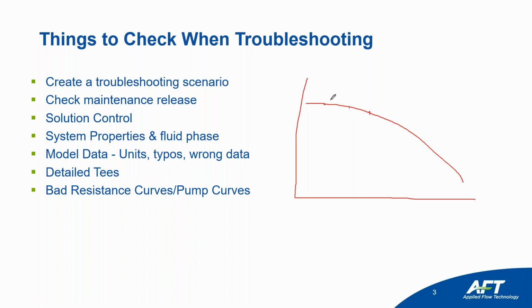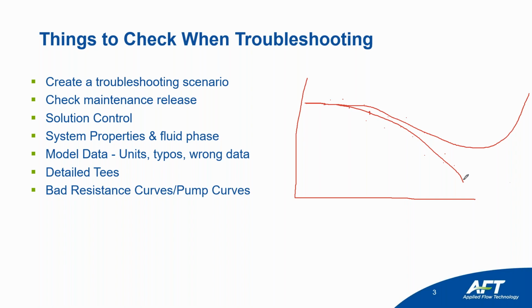Well, sometimes there might be a little bit of scatter in the data and you might be tempted to use a third or a fourth order polynomial curve fit to help get a better fit of your data. That is okay, but when you're using a third or a fourth order polynomial curve fit, it could create some problems. One of those problems that you might see is where your pump curve might have an inflection point.